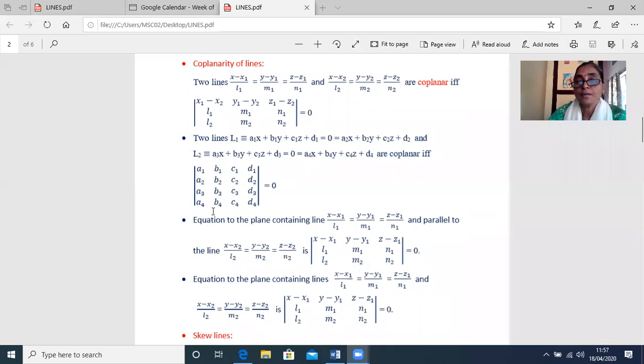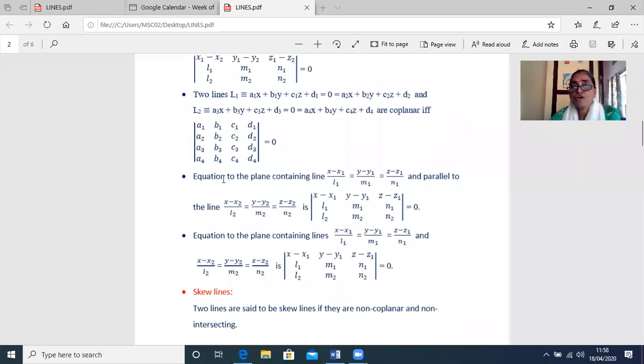If the determinant of the coefficients of these planes and the constants is equal to 0, then we say that the lines are coplanar. So when the lines are in unsymmetric form, you have to make use of this formula to check whether the lines are lying on the same plane.